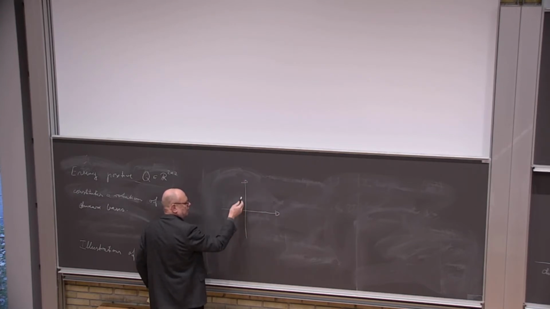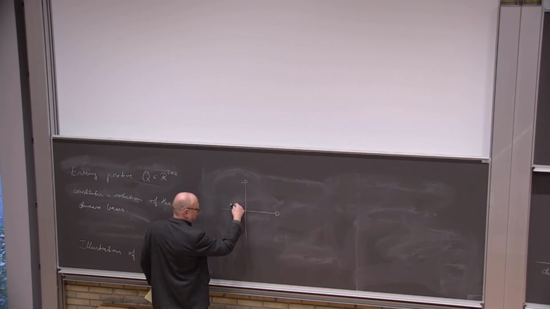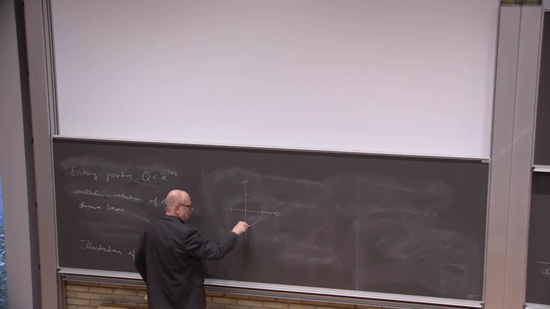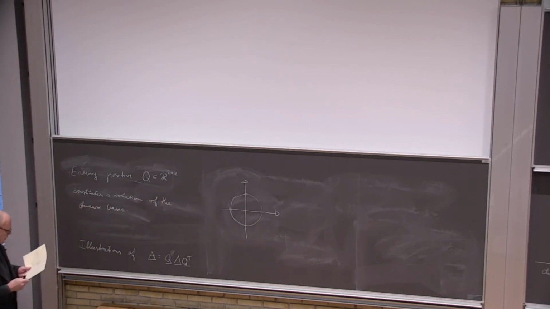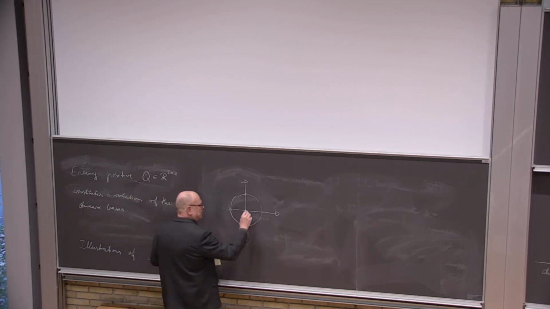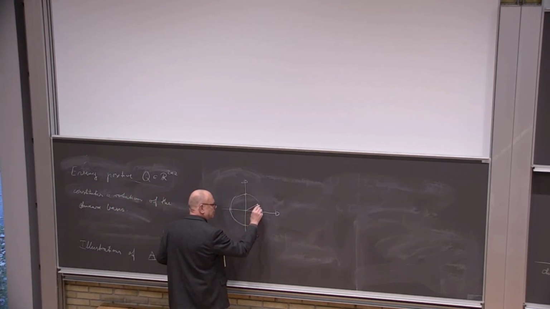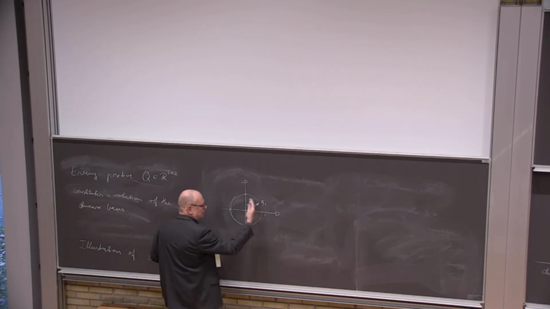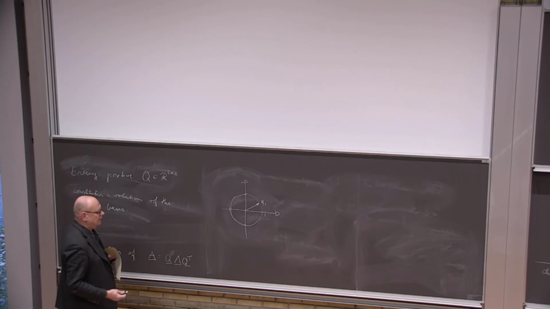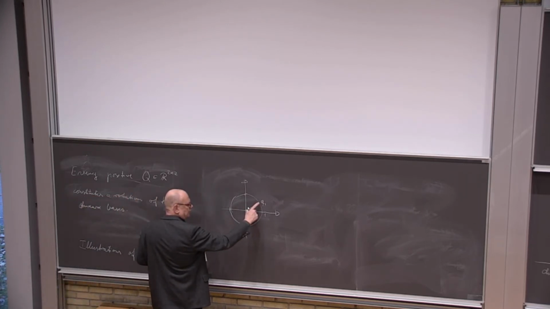So what I'm going to do now is draw the unit circle that looks somewhat like this. And then I will take a new basis, and I use this as the first basis vector. And since it's the unit circle here, it is normed to be a unit vector.